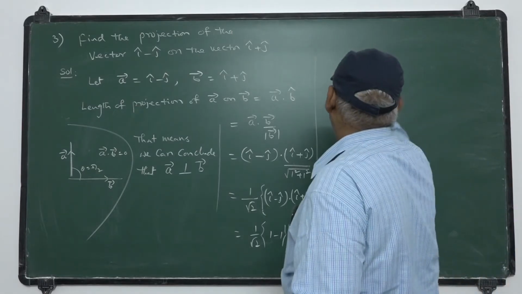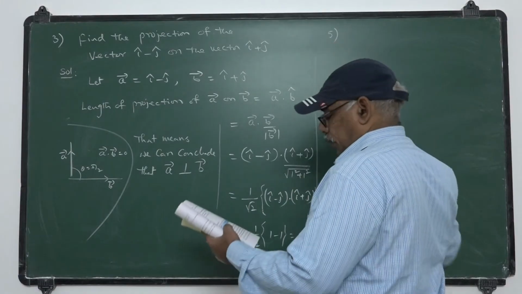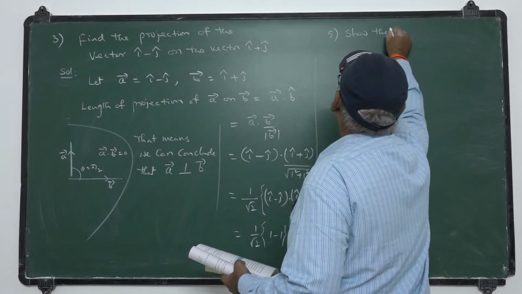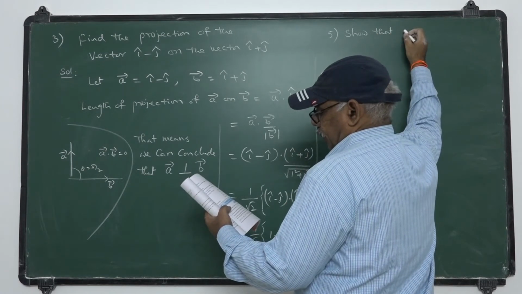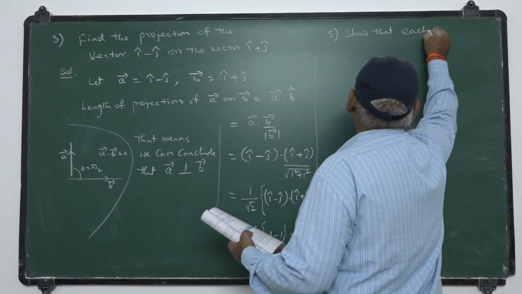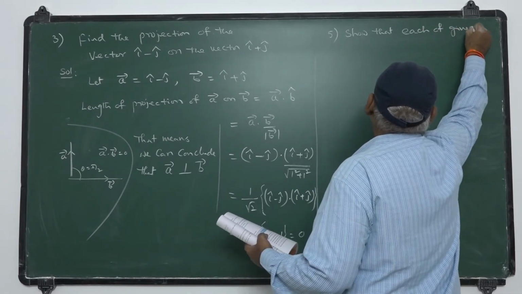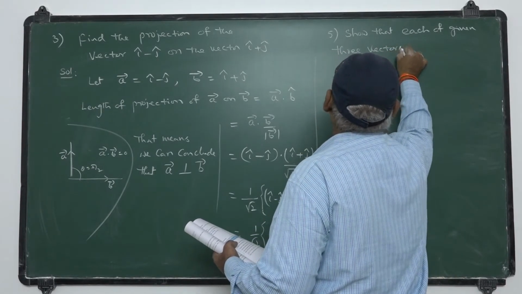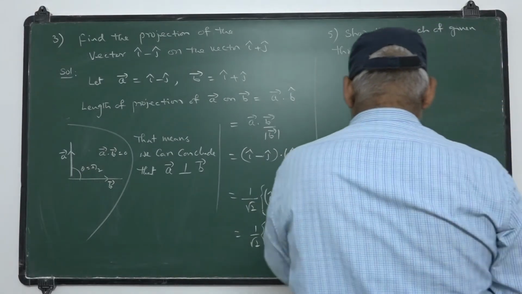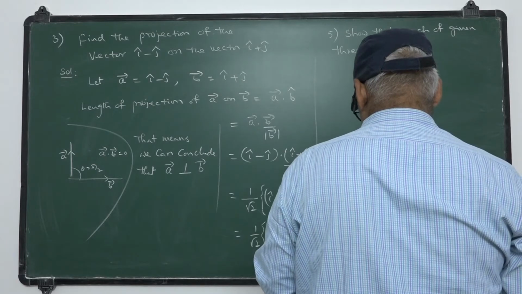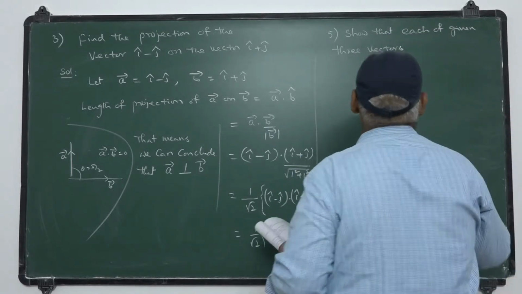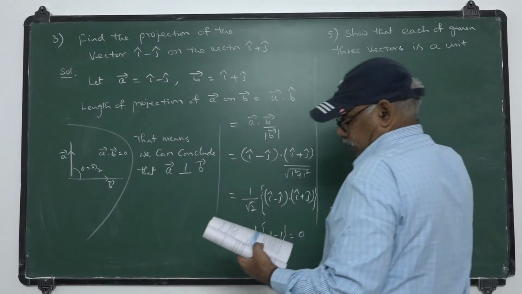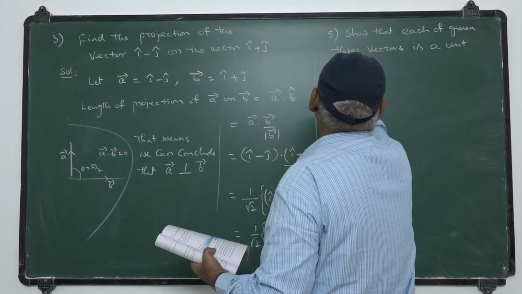The fifth one. Of course, this is also a simple problem. Show that each of the given three vectors is a unit vector.